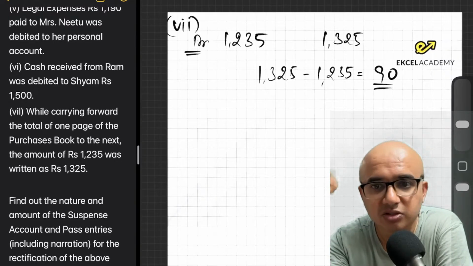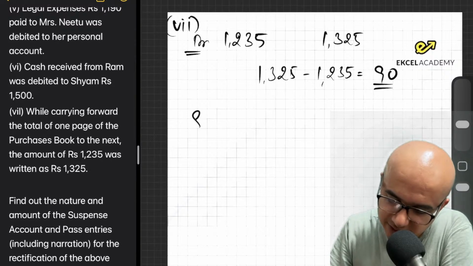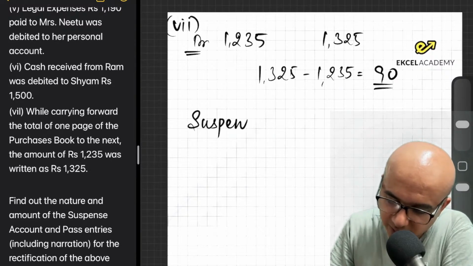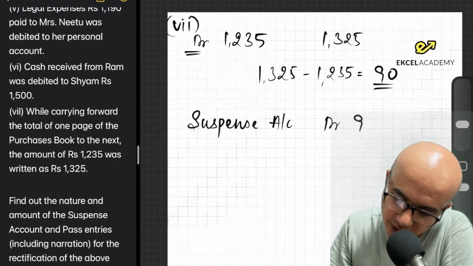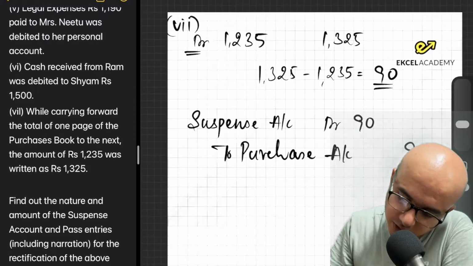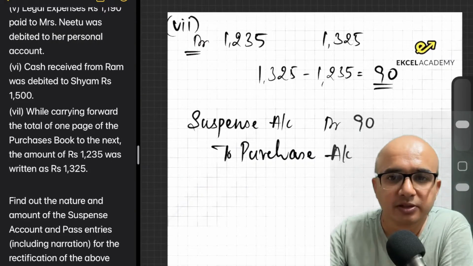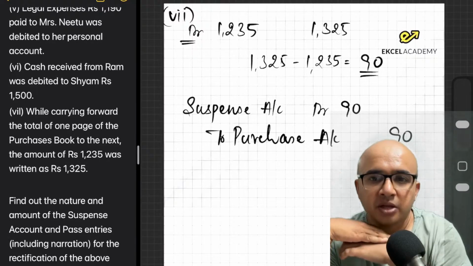Reduce it by crediting purchase. So the entry in this case would be suspense account debit 90 to purchases. That will rectify the mistake, that is the excess debit to purchase account.